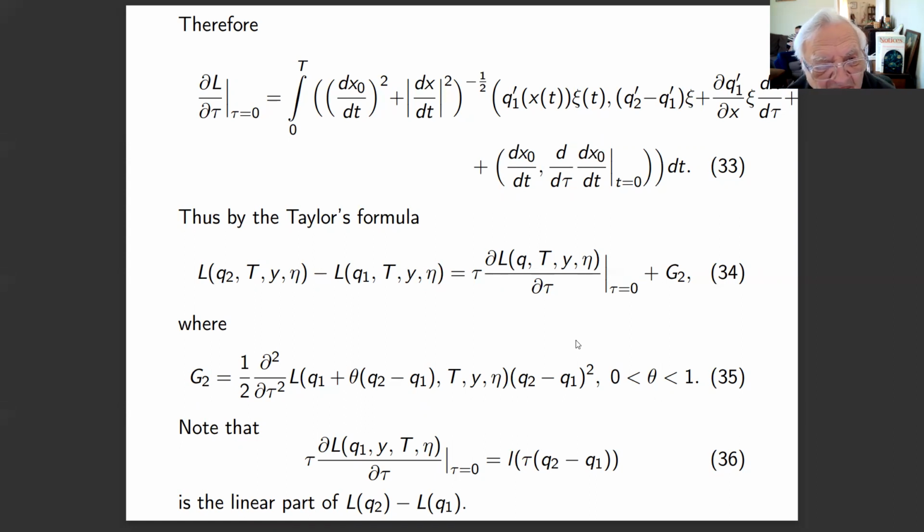So therefore, by Taylor formula, L(q2) minus L(q1), the difference of the length of the space-time geodesics, has a linear term, tau dL/dtau at tau equals 0, plus G2. G2 is the remainder.